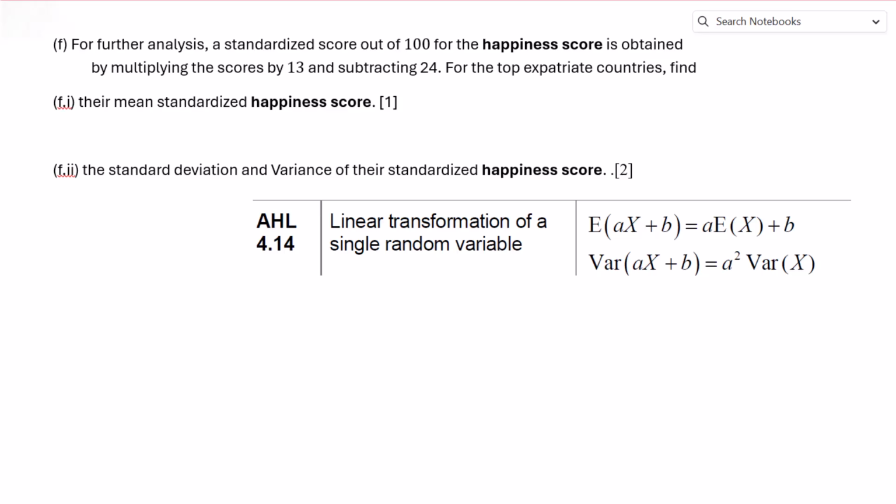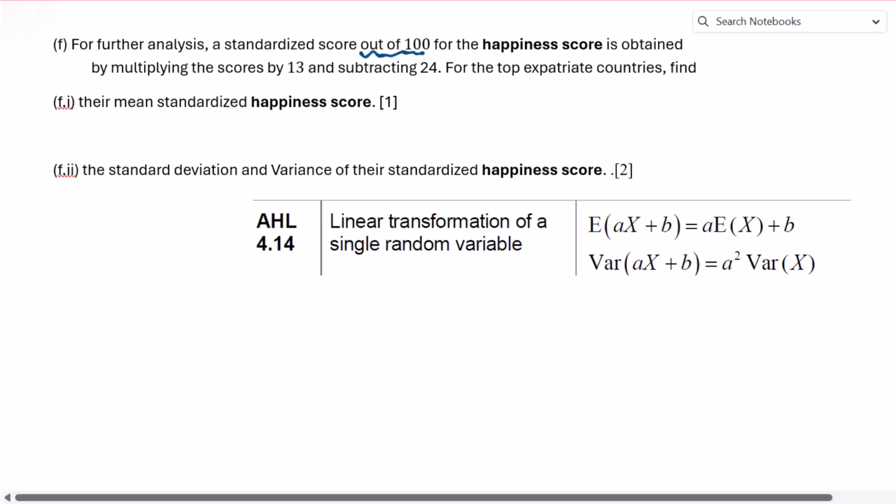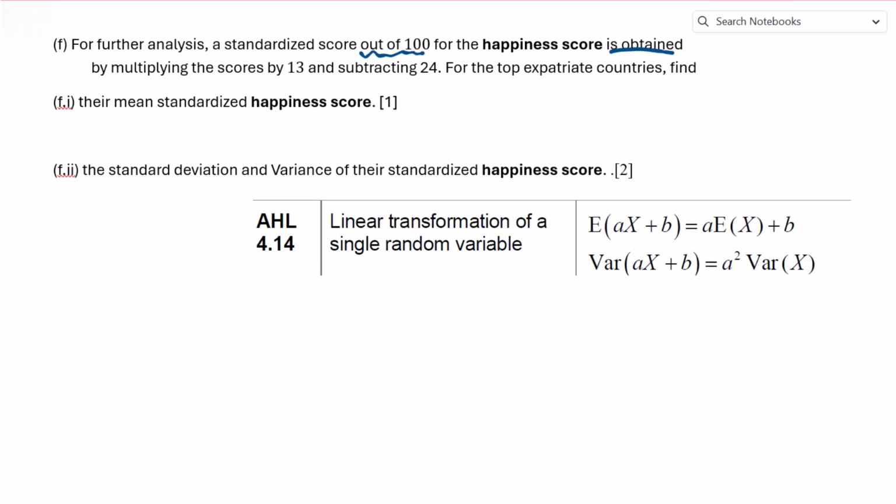For further analysis, a standardized score out of 100 for the happiness score is obtained by multiplying the scores by 13 and subtracting 24. For the top expatriate countries, find their mean standard happiness score. We are given the formula in the formula booklet. It's called the linear transformation of a single random variable.